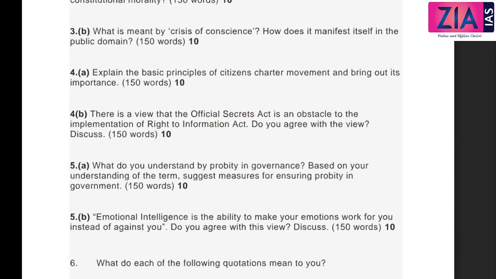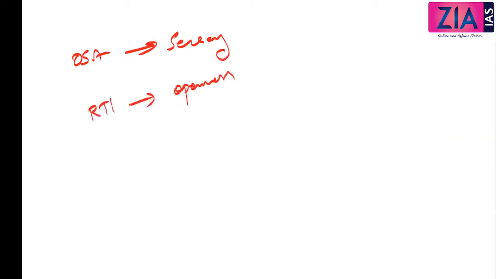So you can see here, the Official Secrets Act promotes confidentiality and secrecy. So it is based on secrecy. On the other hand, RTI is focusing on openness and transparency. Okay, so when this is there on one hand and this is there on the other hand, there will be a dilemma. So it created a dilemma between secrecy versus information sharing.